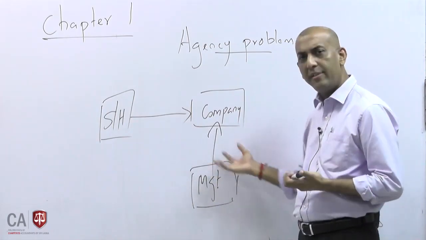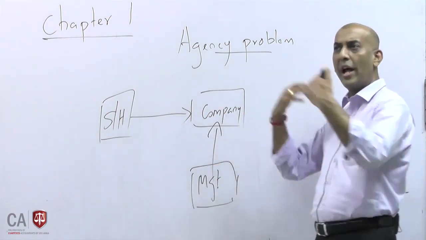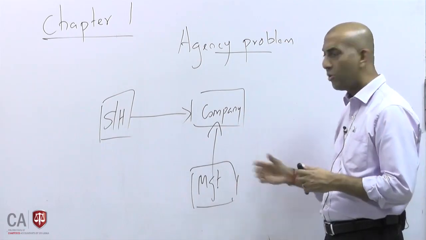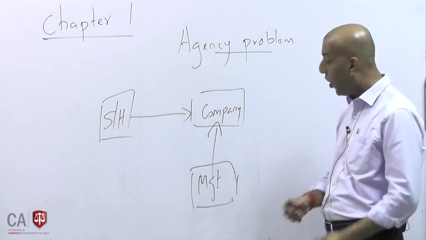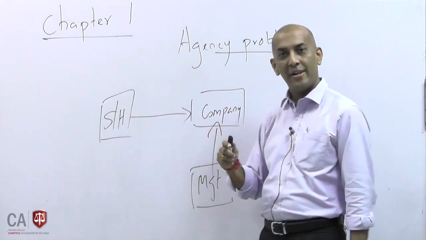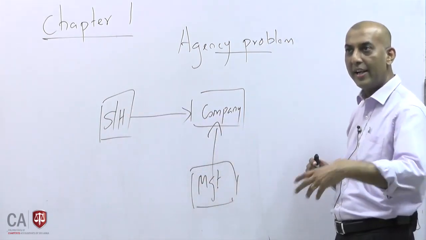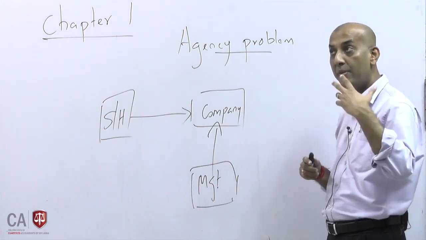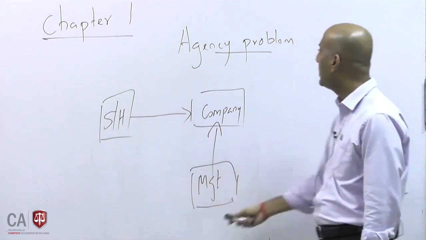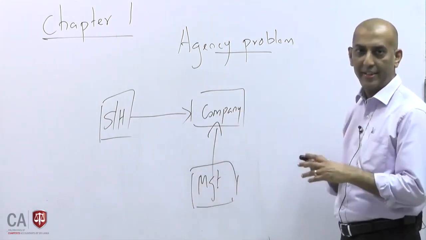Sometimes the management decides, I would like to get more salary, I would like to take more benefits, I would like to get further benefits in the future. All that management may decide, and that will impact the shareholders. Shareholders will realize that management is not working reasonably or fairly for them. This is the problem you may have in the organization.